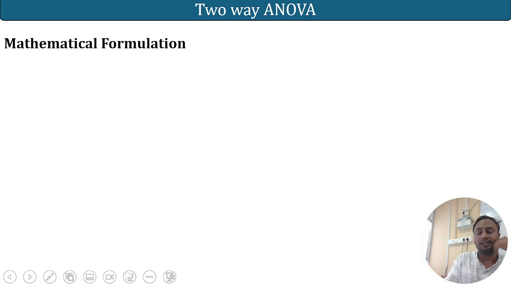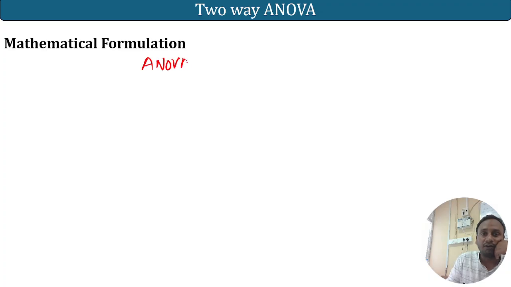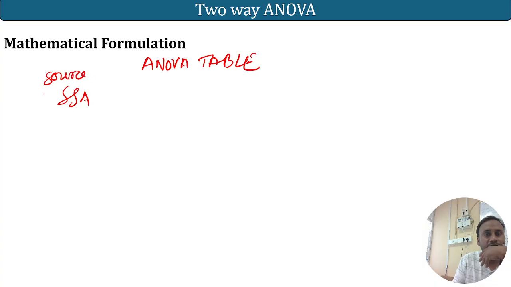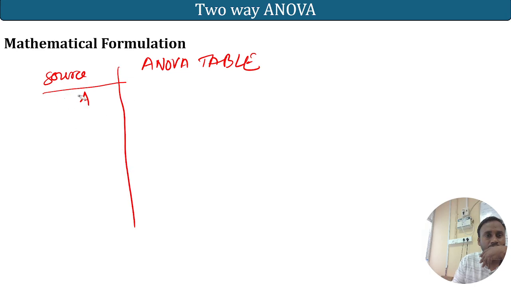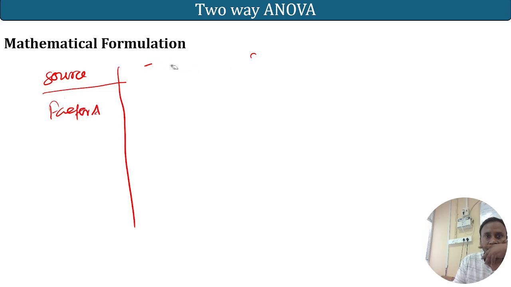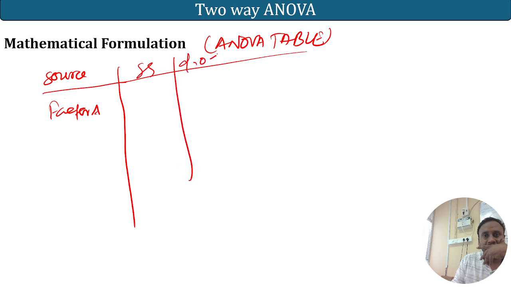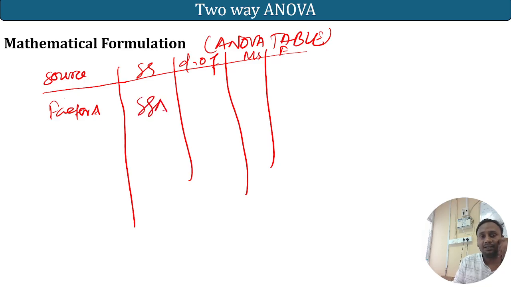In the similar case, we will have the ANOVA testing, and the ANOVA table will be made. The columns are source, SS, degrees of freedom, MS, and F. The source is factor A, with SSA; for factor A the degree of freedom is A minus 1.